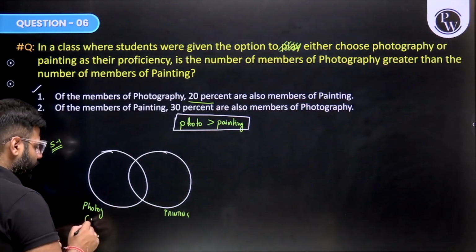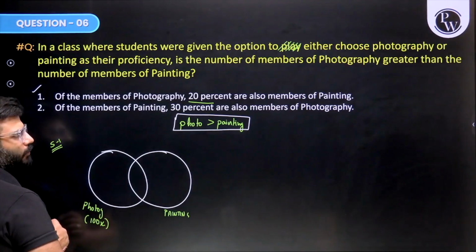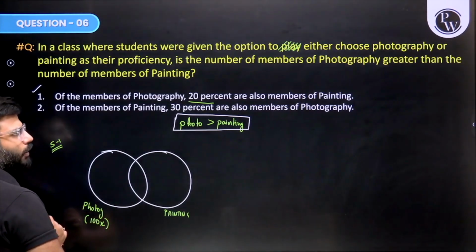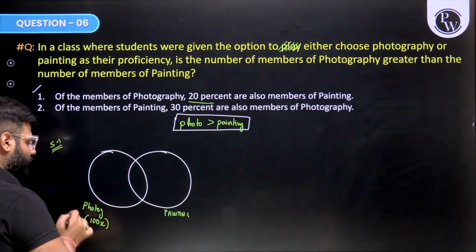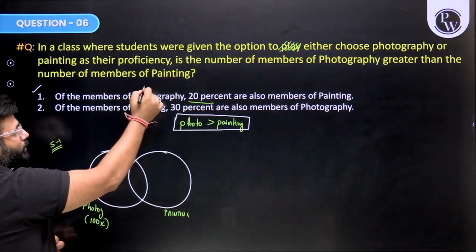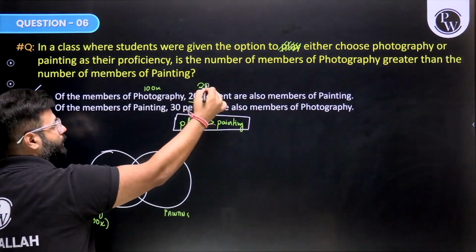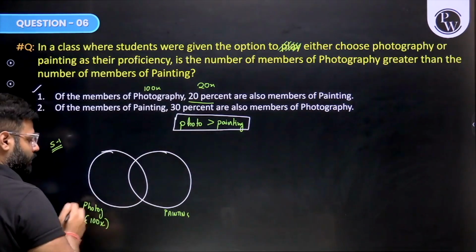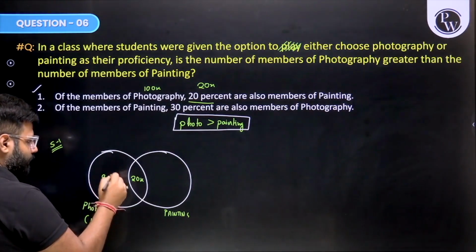So assume this to be 100x, ताकि 20% निकालना आसान रहेगा. अब 100x का 20% हो गया 20x. So of these 100x members, 20% यानी कि 20x are also members of painting. So this is 20x. That means this is 80x.